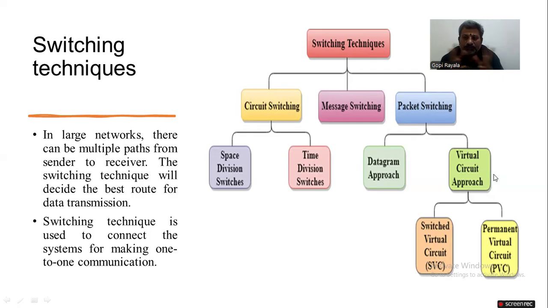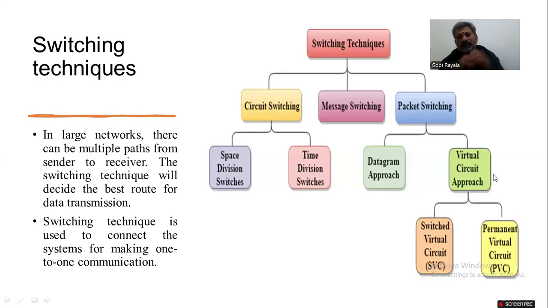In large networks, consider not two systems, but a large network with hundreds of systems. Then if I connect one system to another system, there will be a lot of channels going on.